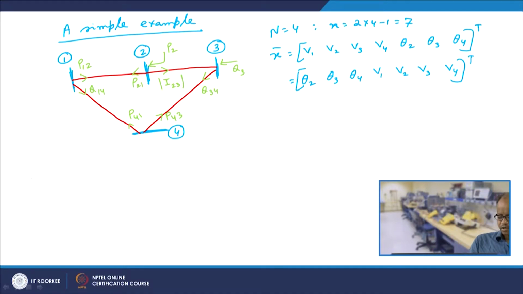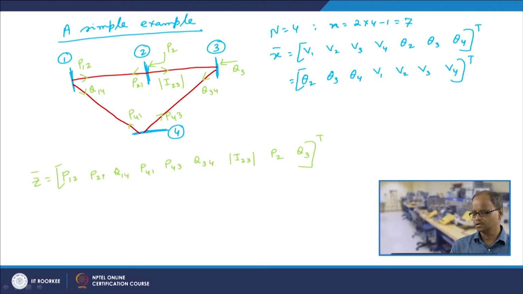So, my measured quantities Z are P12, P21, Q14, P41, P43, Q34, then I23, P2, Q3. So, 1, 2, 3, 4, 5, 6, 7, 8, 9. I have 9 measurements and 7 states.